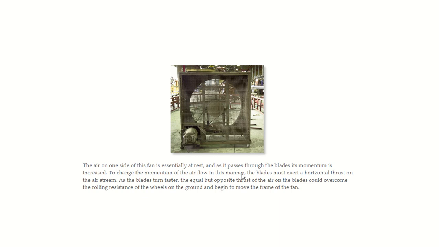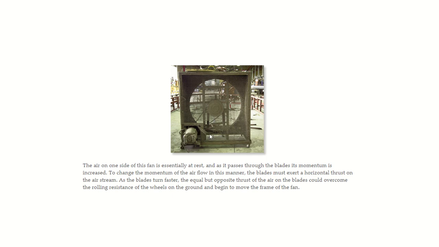Here is just showing you the fan. The air on one side of the fan is at rest. When it passes through the fan blades, of course you have momentum in it because the fan is going that way. So the change in the momentum of the airflow, the blades are giving you the horizontal thrust on the air stream.